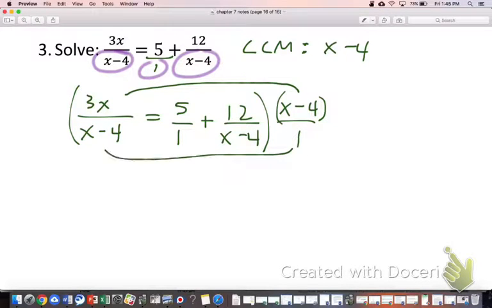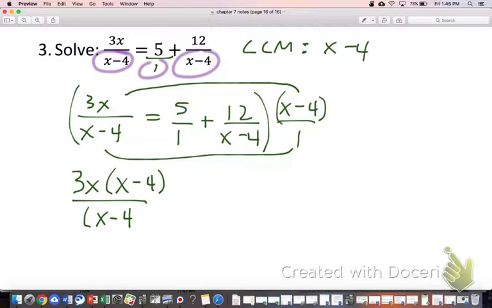for this first one, let's be really careful about not doing too much here. I think what I'll write is 3x parentheses x minus 4 over x minus 4. I could have distributed the 3x, but I'm not going to because I want things to cancel out. So I'd be really careful about that.